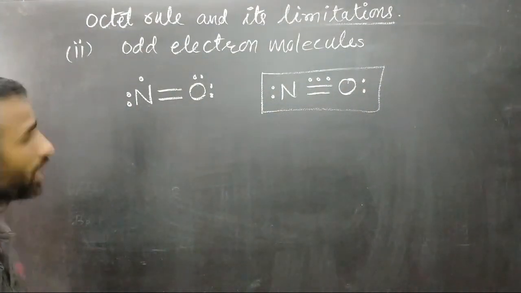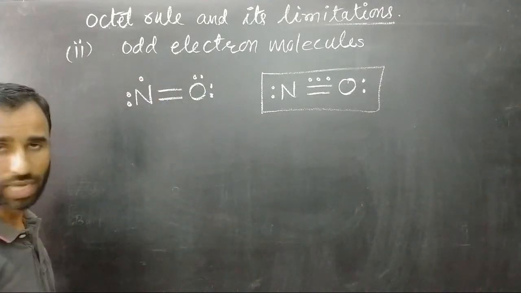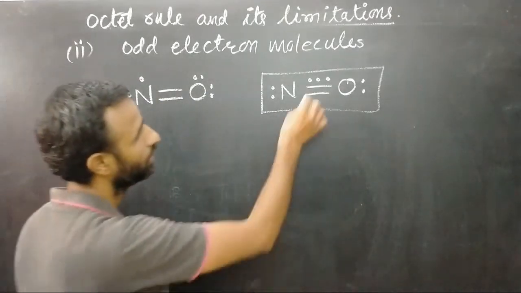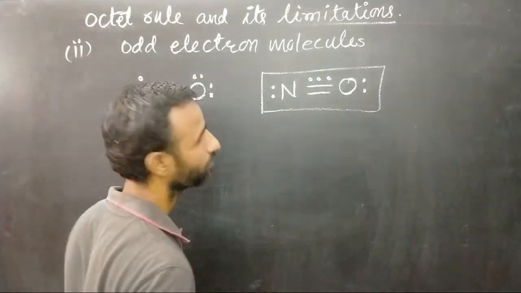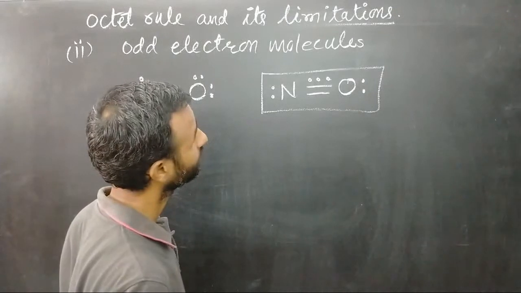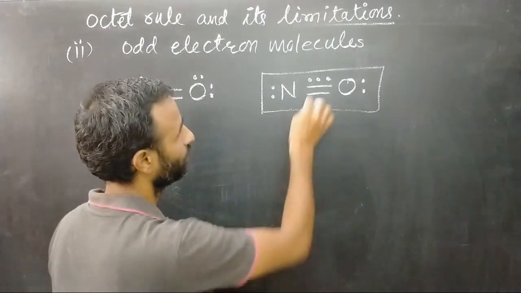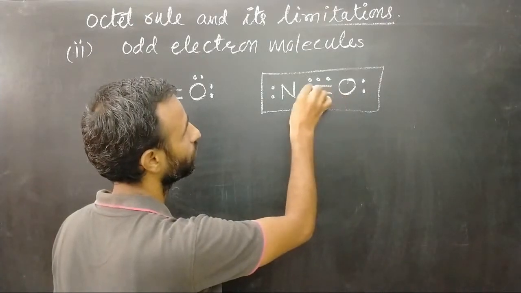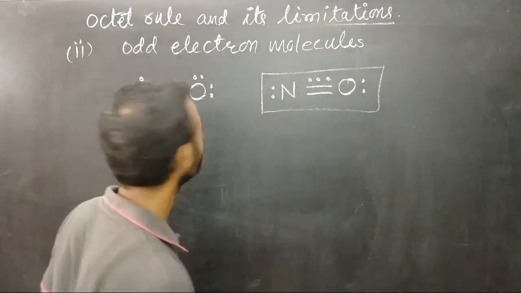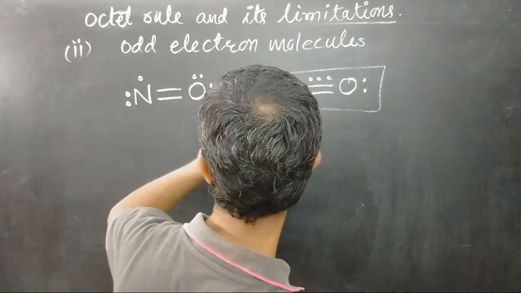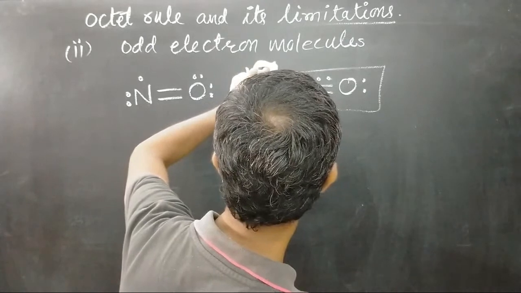Nitrogen has 7 valence electrons, and oxygen has 6, so in total there are 13 electrons. So it cannot be like that.